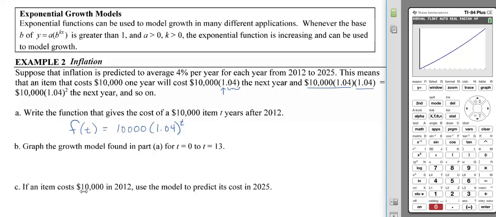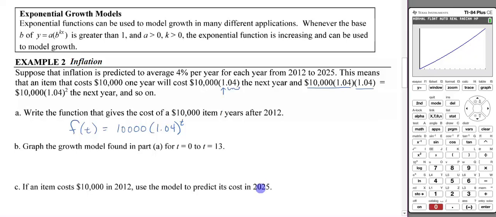Now if an item costs $10,000 in 2012, use the model to predict its cost in 2025. Well, the thing that they've given us is the number of years after 2012. For 2025, t is going to be 13 years after the year 2012.